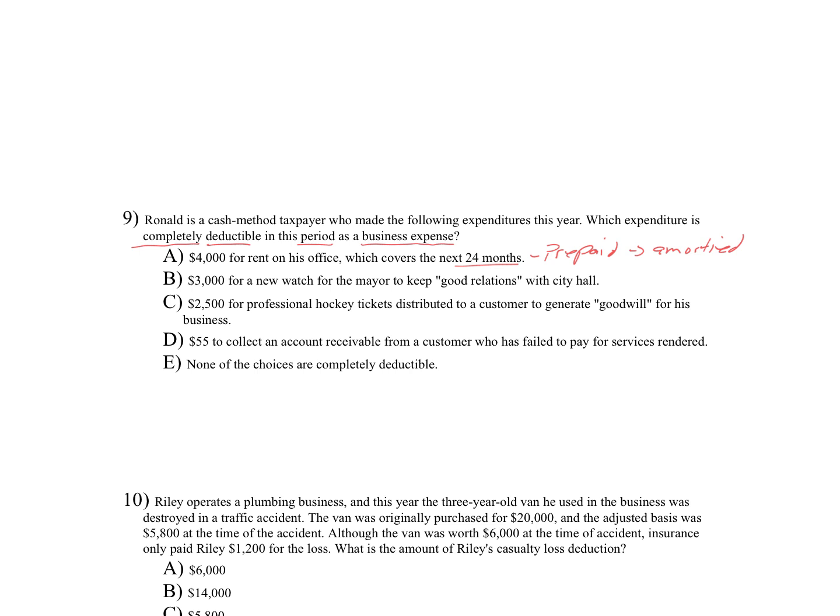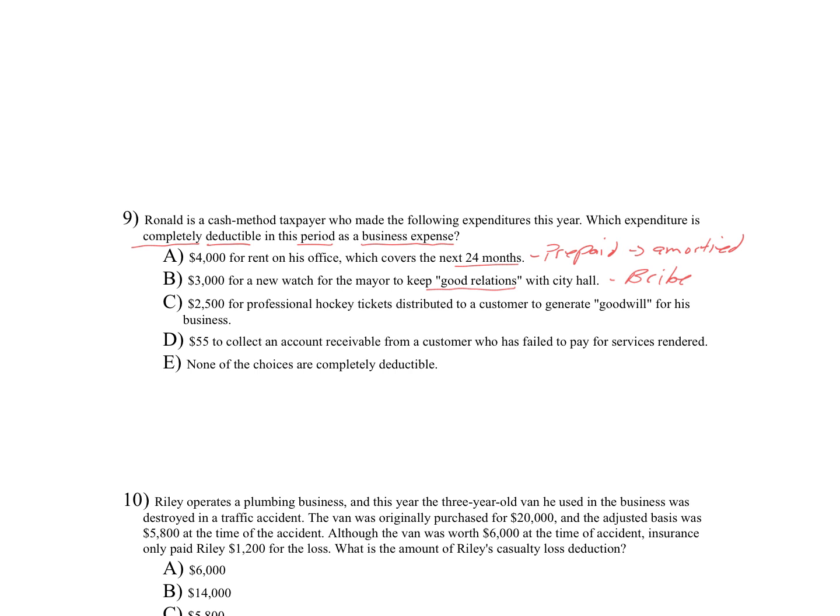Okay, that watch, right? $3,000 for a new watch for the mayor to keep good relations with the city hall. Well, what do we call that? We call that a bribe. Bribes are against public policy, and so bribes are not deductible.